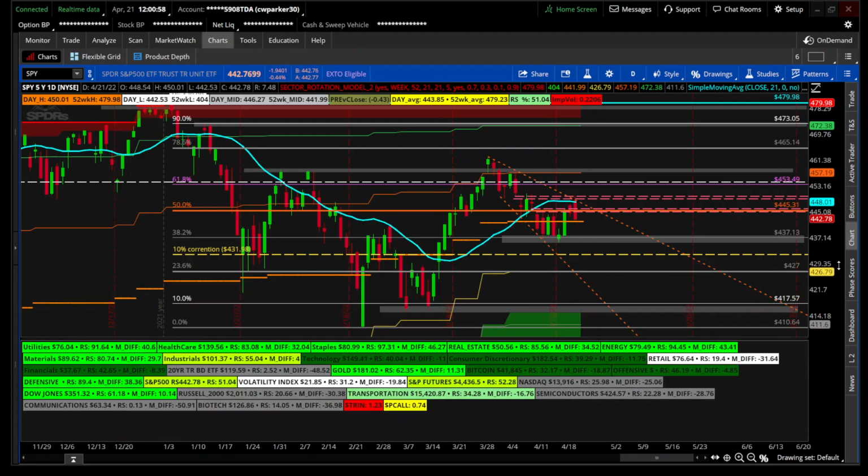What that's really saying is 40 points above the S&P 500. So that's what M difference means on any of those labels. It's showing the difference between the S&P 500, the market, and that sector. So right now, utilities is 40 points above it.